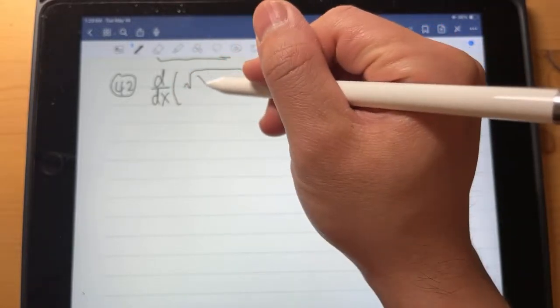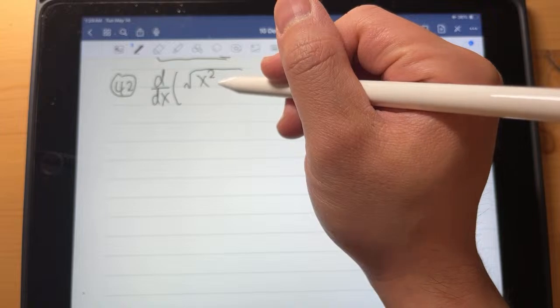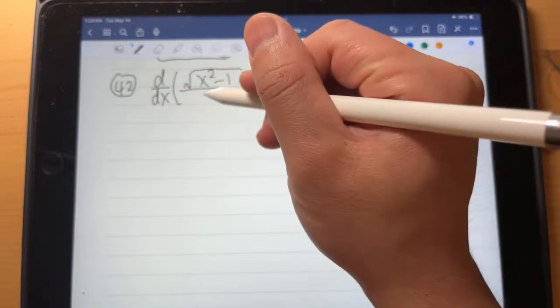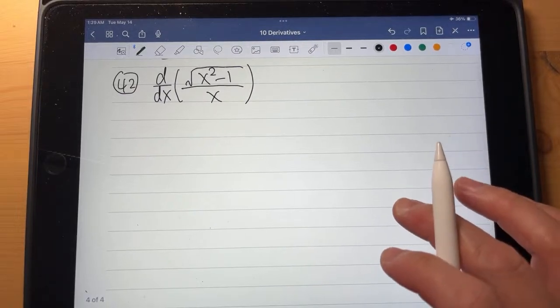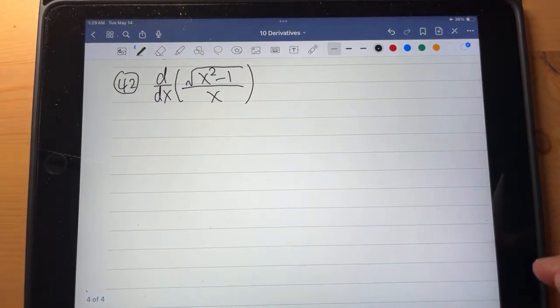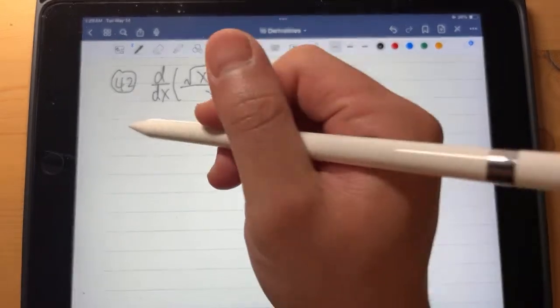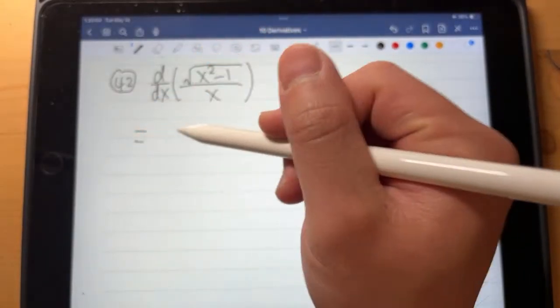Square root of x squared minus 1 over x. I should have titled this as calculus 1. You still need to know this derivative for calculus 2 though, especially some quotient rule, product rule, and all that. But anyway though, let's get started right here.